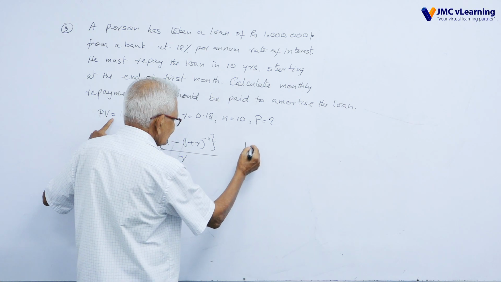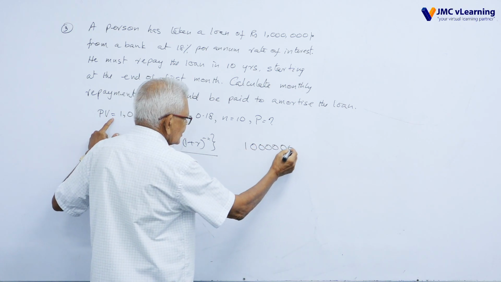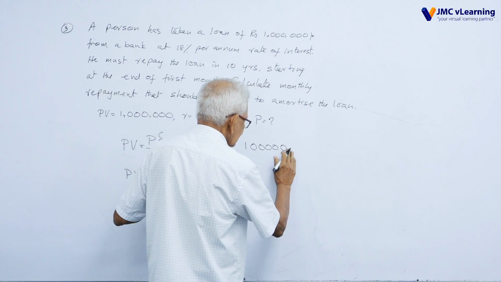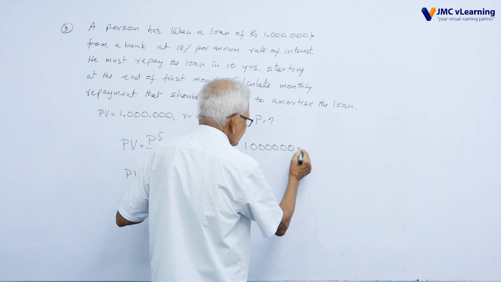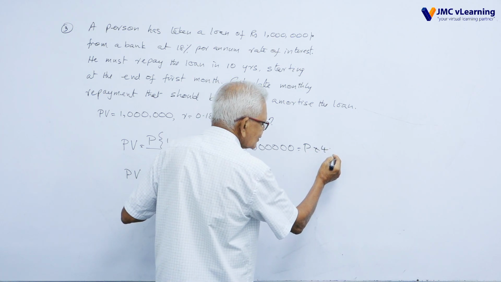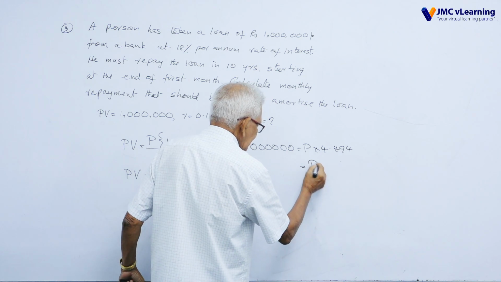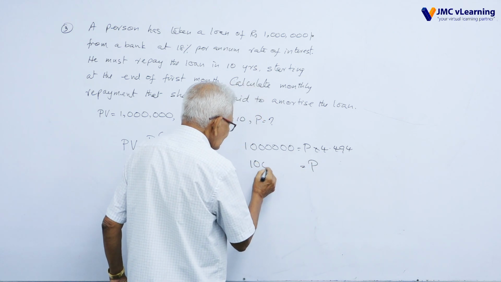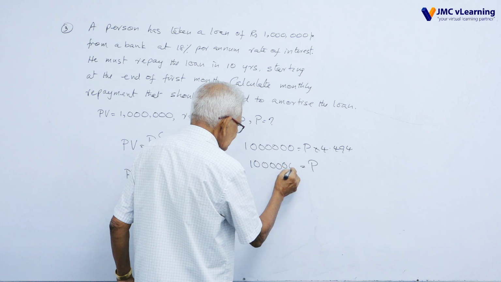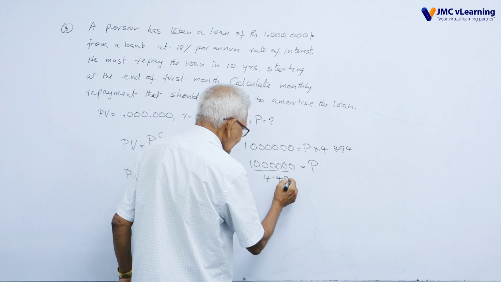So PV, 1 million, equals P times 4.494. Then P is equal to 1 million over 4.494.